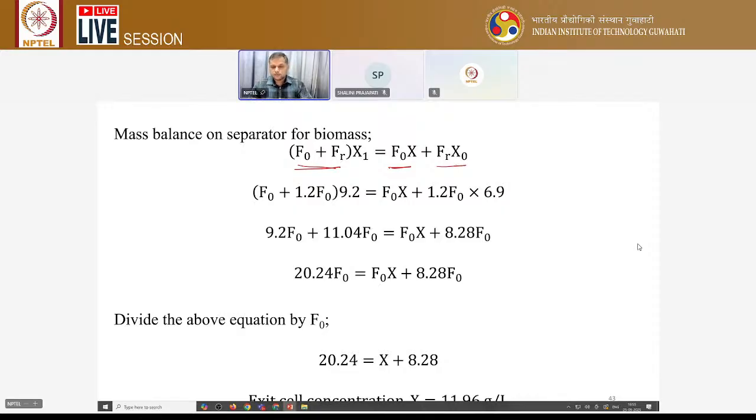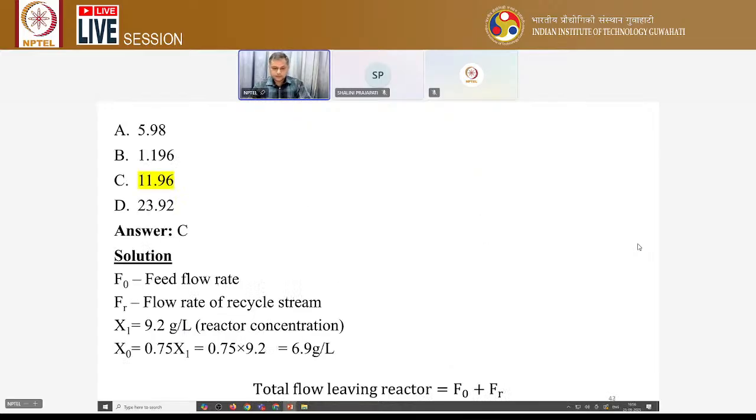Now FR I can write in terms of F0, and X is unknown, and X0 will be 0.75 into X1, 6.9 gram per liter.